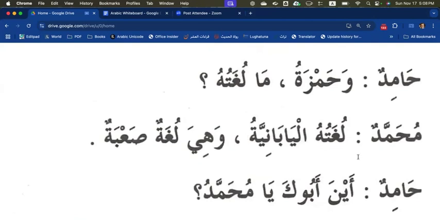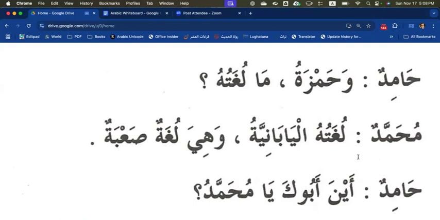And then Mavish, your turn. Muhammad said Lughatul Yabaniya. لغته Lughatul Yabaniya. His language is Japanese. Hiya Lughatu Sa'ba. صعبة.